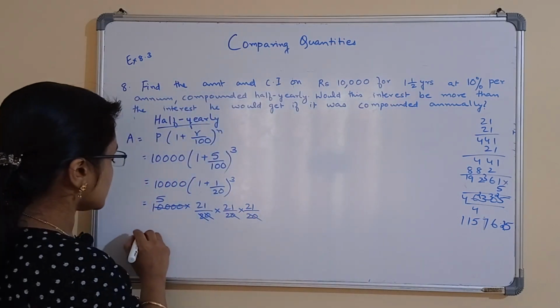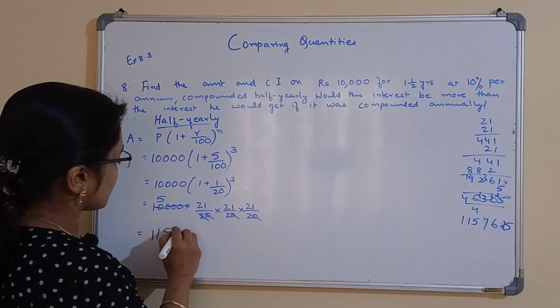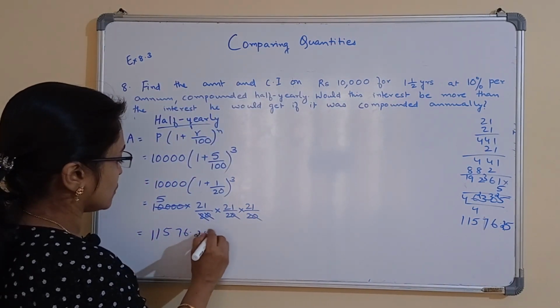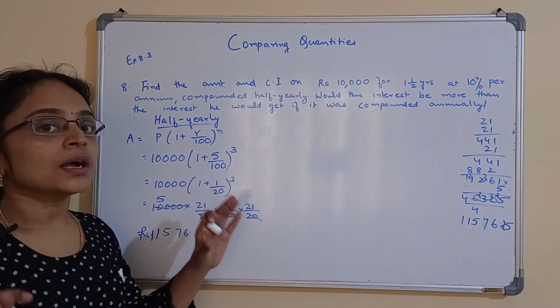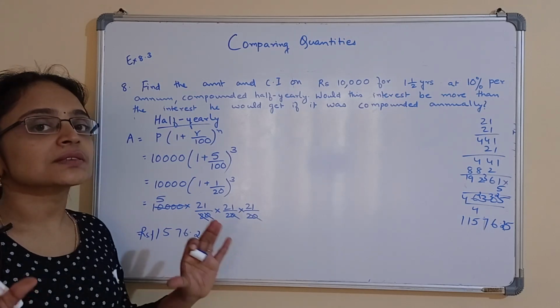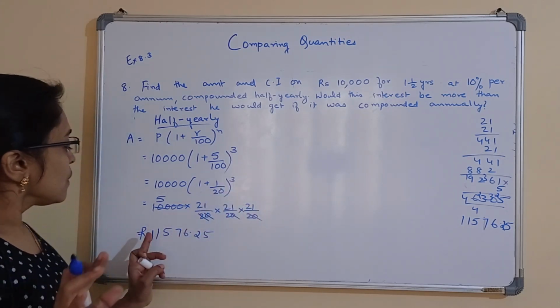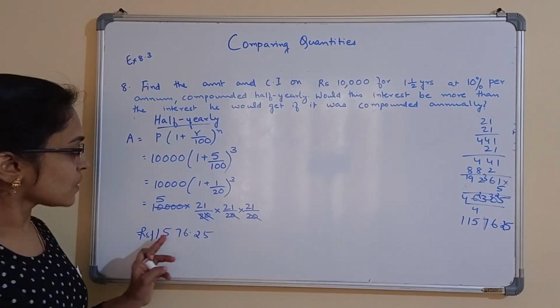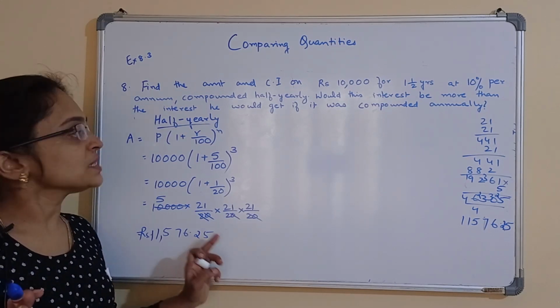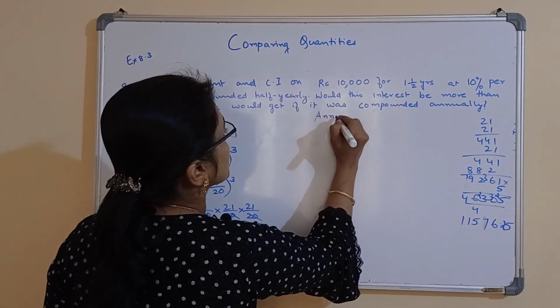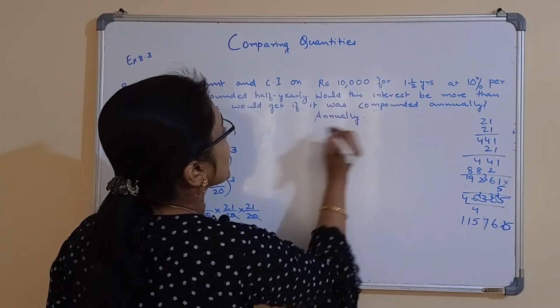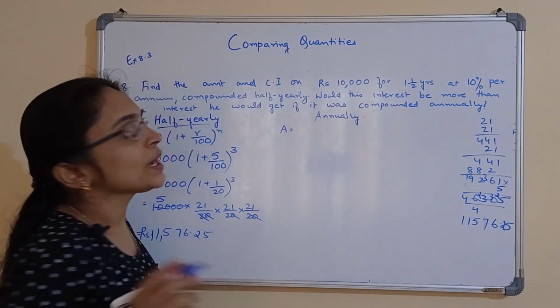So we got 11576.25 rupees. So the amount after 1.5 years, if it is compounded half yearly, is 11,576 rupees 25 paise.